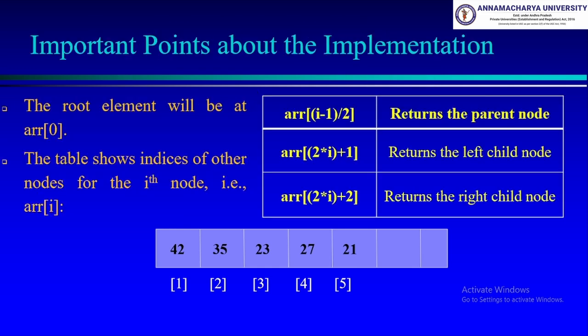The root element will be A[0], and the table shows the indices of other nodes for the ith node, that is A[i]. A[(i-1)/2] returns the parent node, A[2i+1] returns the left child, and A[2i+2] returns the right child.